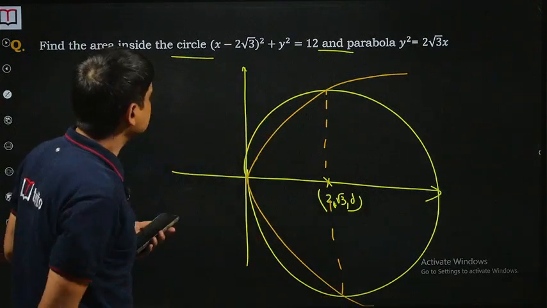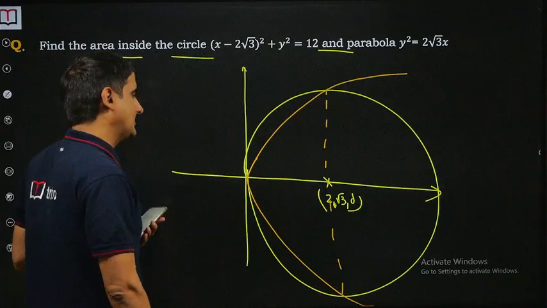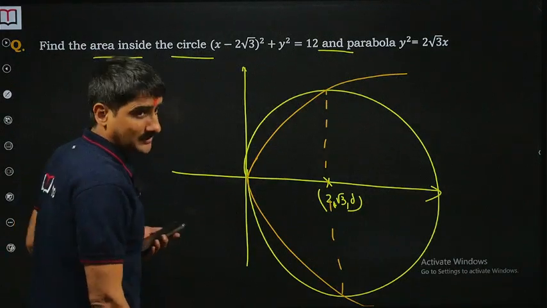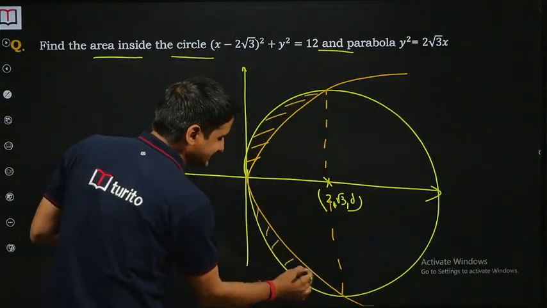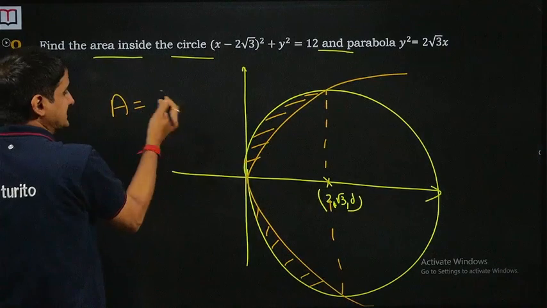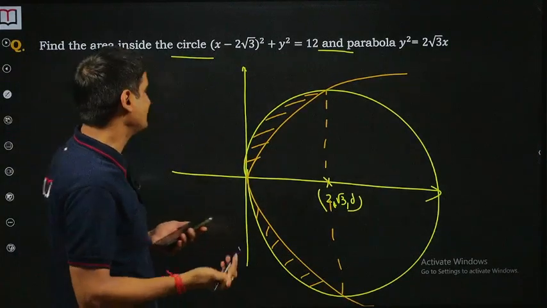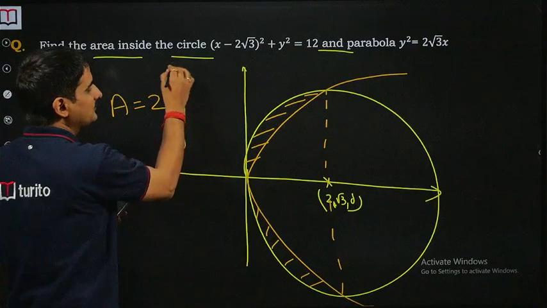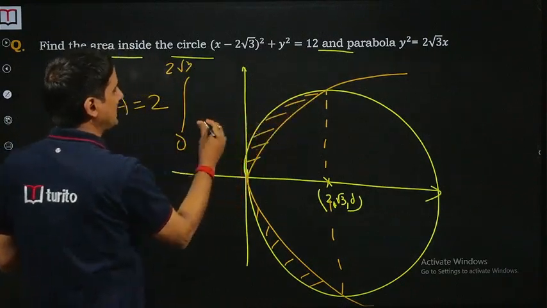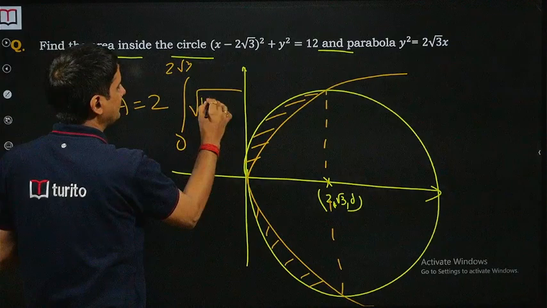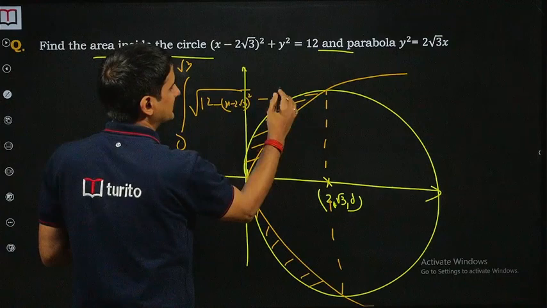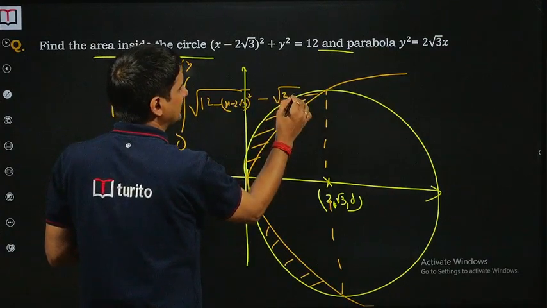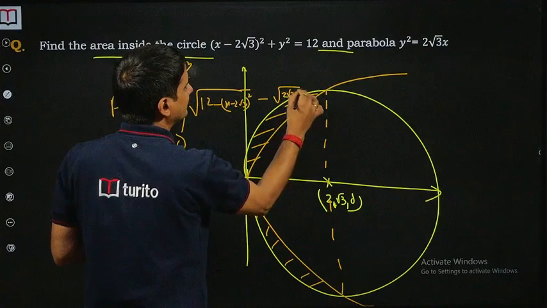So area inside the circle and the parabola. I mean, that's the reason from the statement here, so I will say if. I'm using the word if here. It will be 2 times integral 0 to 2 root 3 of upper curve, which is a part of the circle, under root of 12 minus x minus 2 root 3 whole square, and then minus the lower curve, which is under root of 2 root 3 x, dx.